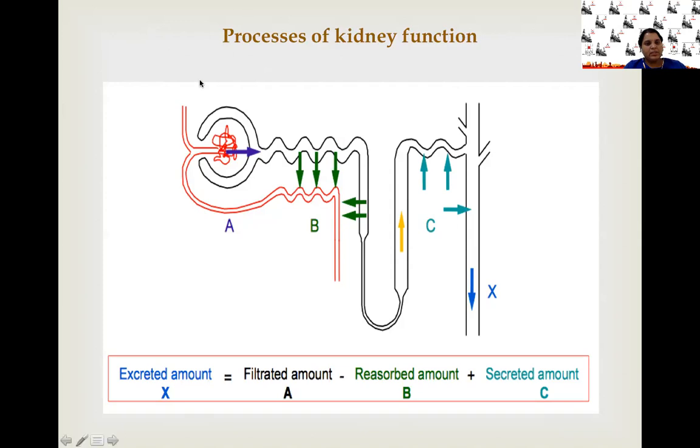As the plasma flows through, it is filtered in the glomerulus, reabsorbed in a part of the tubule, and secreted in the other part of the tubule. The composition of the fluid in the glomerulus is similar to that of plasma because it is simply filtered, whereas the composition of the fluid in the tubules is different compared to that in the glomerulus because reabsorption and secretion take part in the tubule.